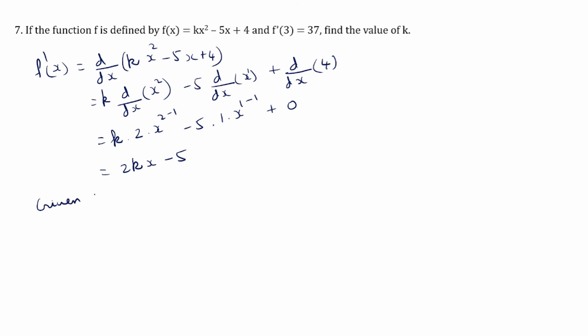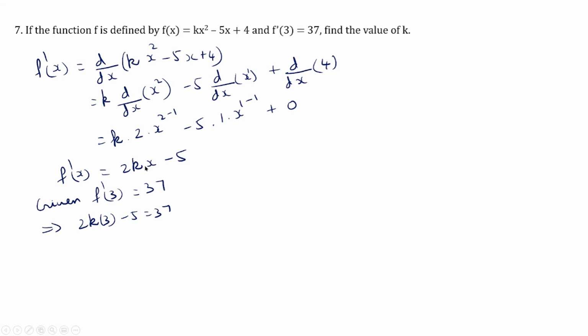Given f dash of 3 equal to 37 implies 2k into 3 minus 5 equal to 37. We got f dash of x as 2kx minus 5. f dash of 3 is 37, it is given. So here we can substitute x as 3.